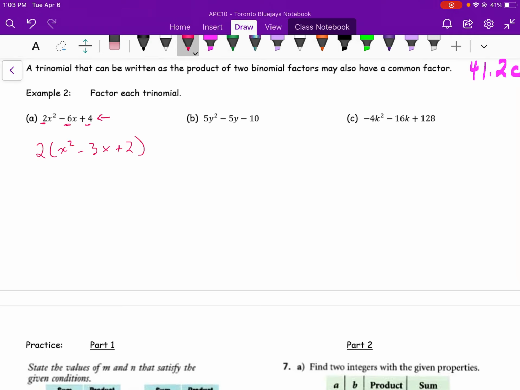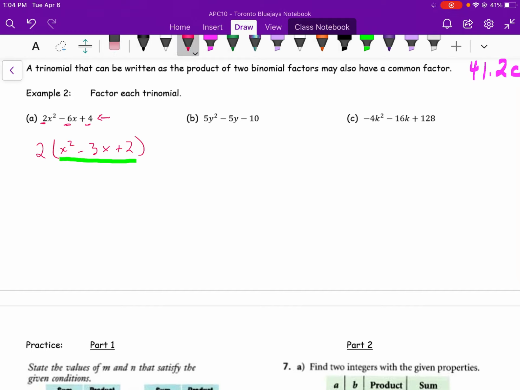And if I do that, I'm left with this very beautiful expression. Now remember, I can reduce the above or factor it so that it is 2 times x squared minus 3x plus 2. And what I'm going to do is ask myself, only in the brackets, how can I factor this? Since the coefficient in front of the x squared inside my brackets is 1, I could use the sum product rule.